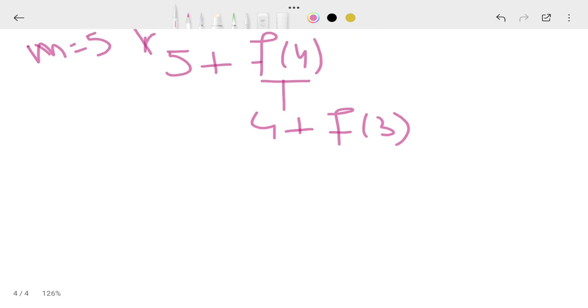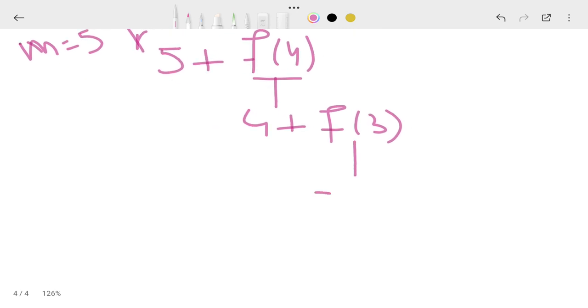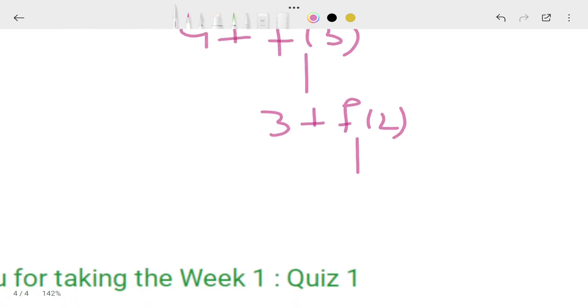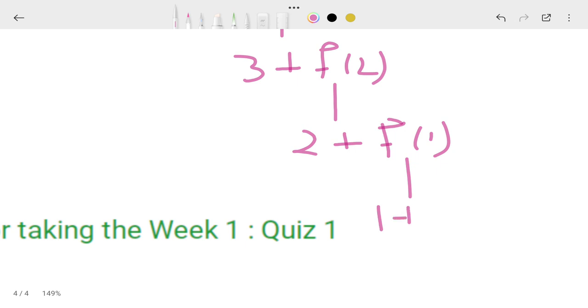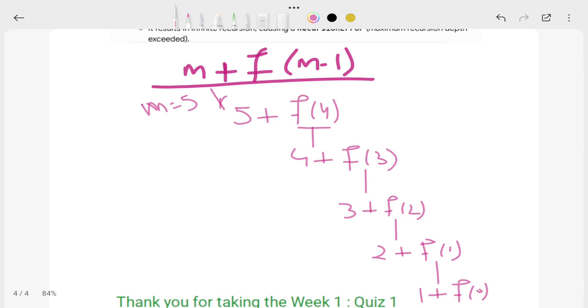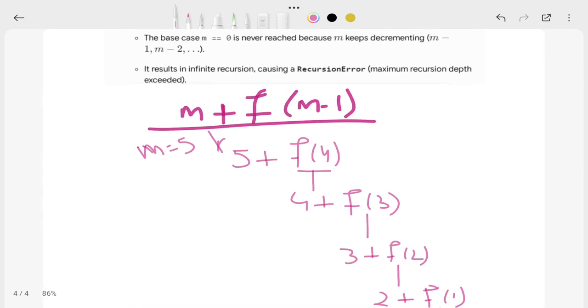Now next, 3 plus f of 2. Okay, next again. So 2 plus f of 1. Okay, now next, 1 plus f of 0. Okay, so this is a function n plus f of n minus 1.